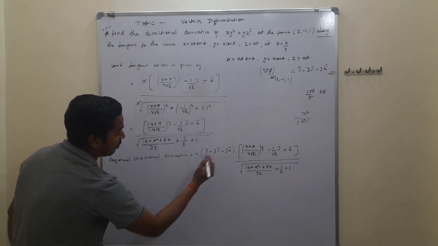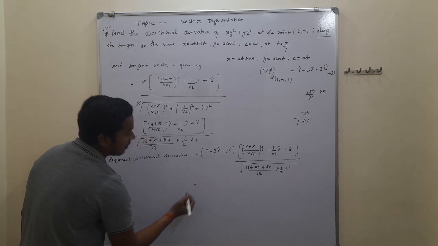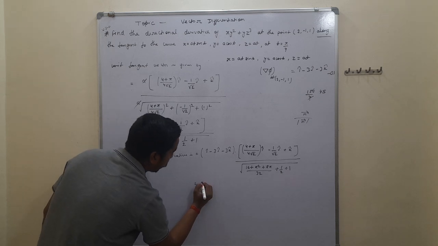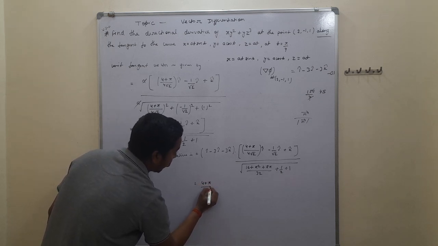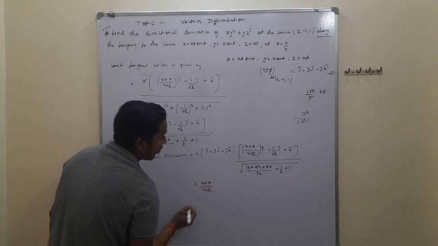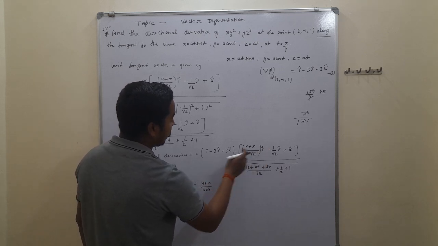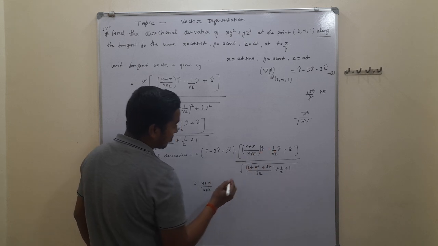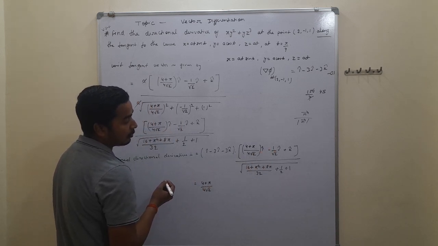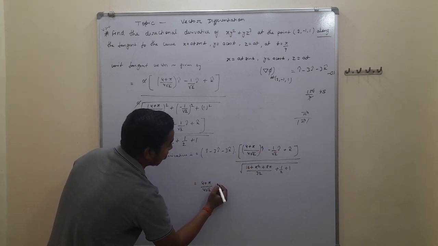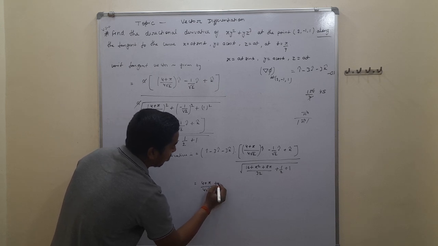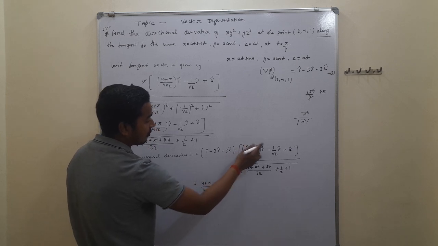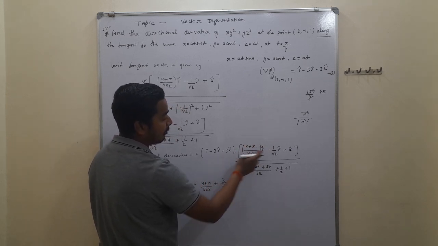On solving, we have to do the dot product. On multiplying i cap with i cap, this gives (4 + π)/(4√2), and when we multiply j cap with j cap, this gives minus 3 times minus 1/√2, which gives plus 3/√2, and we multiply minus 3k cap with k cap.